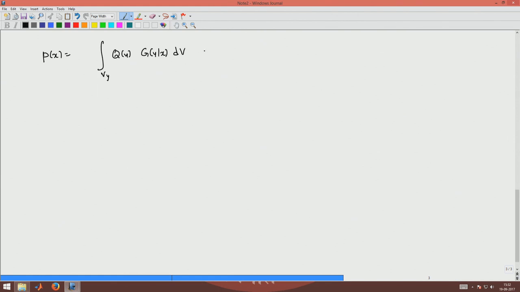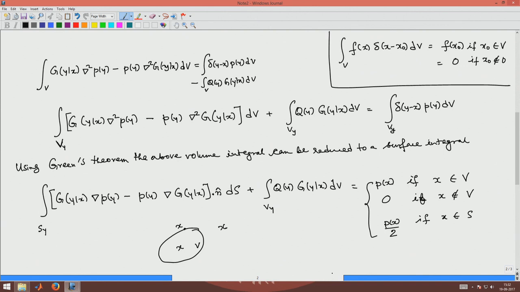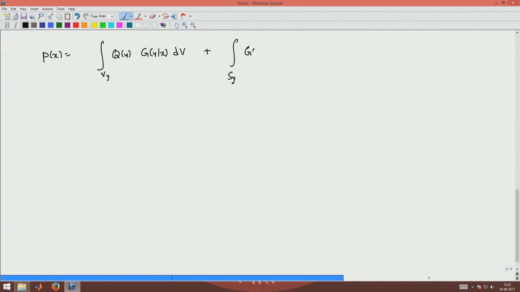We will keep putting that subscript to remind ourselves that the field of integration is essentially the y variable, and in the surface integral we have the following: g y comma x gradient of p minus p gradient of g y bar x dot with the outward normal n dS.